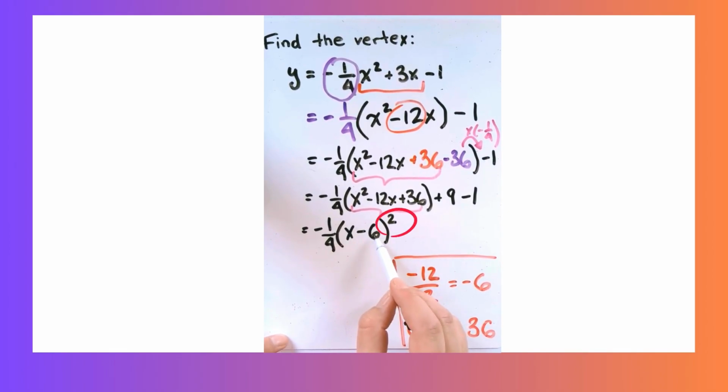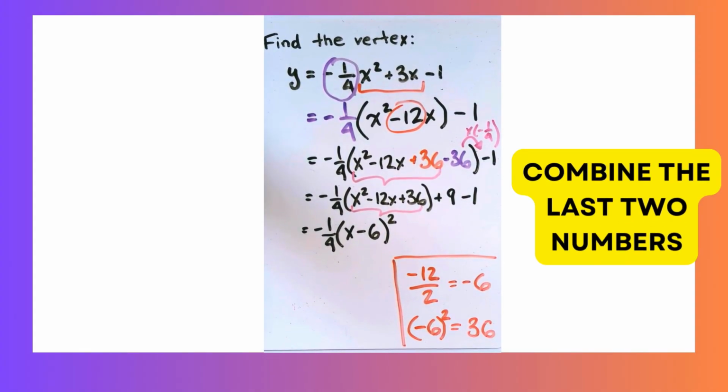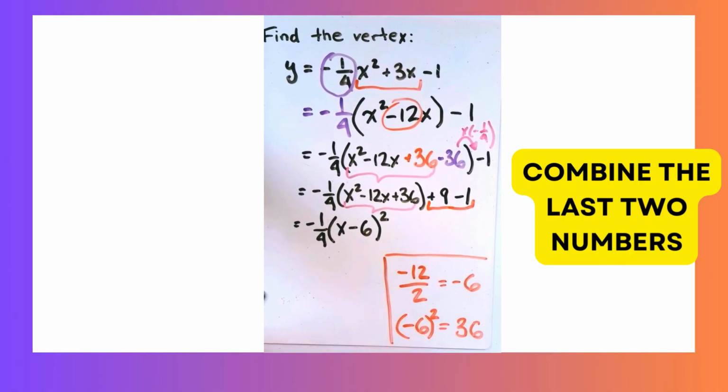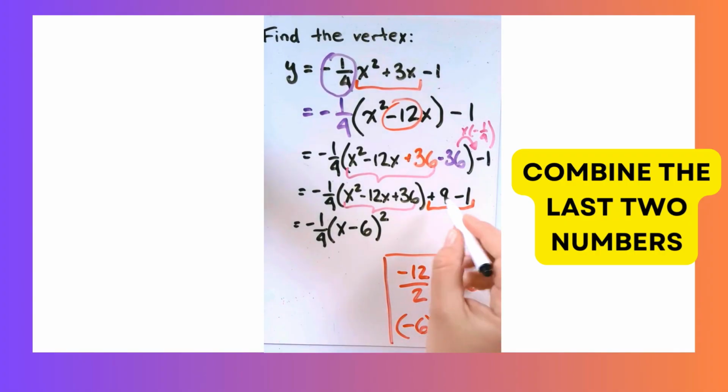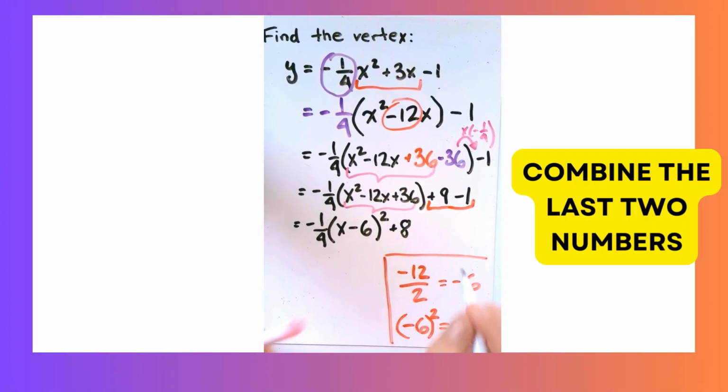So I get x minus 6, close the bracket, don't forget the square because you're going to lose marks if you don't. And then I combine these two numbers at the back, which is going to be easy because you're just adding them. And +9 and -1 gives me +8.